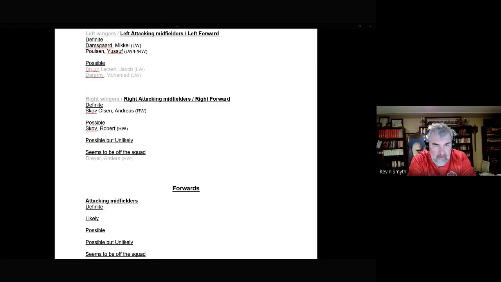I'll just summarize the position, although this is fairly simple. Martin Braithwaite actually played the position in the Euro Cup, but Poulsen also played as a right forward, and we saw that Braithwaite and Damsgaard sometimes switched sides, so Damsgaard also played on it.